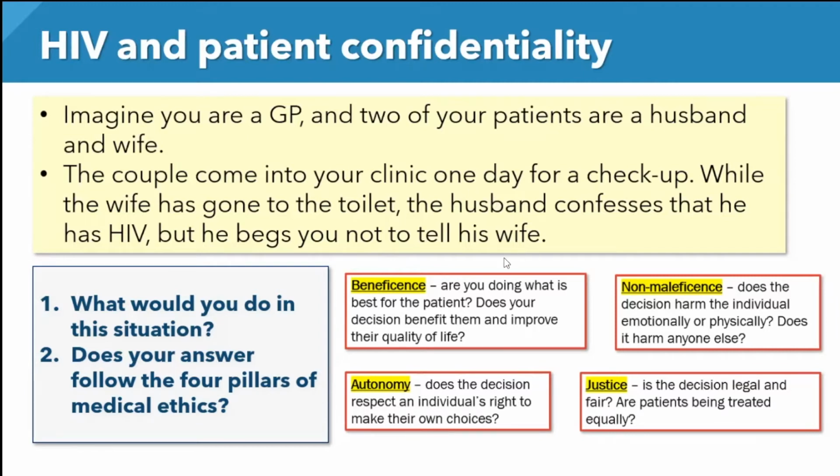Perhaps you could arrange several meetings with him to discuss his available treatments and his different options, so that you can allow him to explain the situation in his own time, whilst also ensuring that the wife is comfortable. So yeah, I think that's a really good answer.